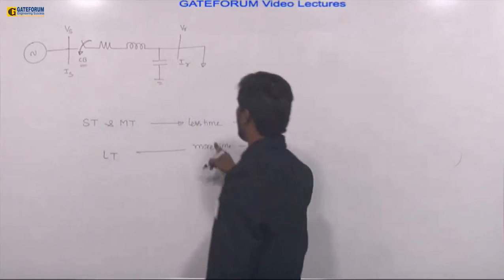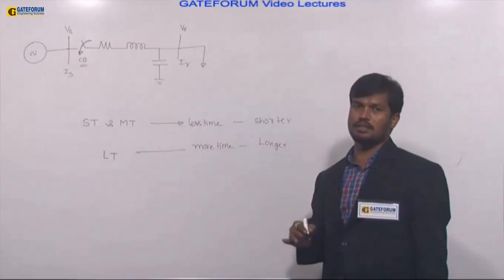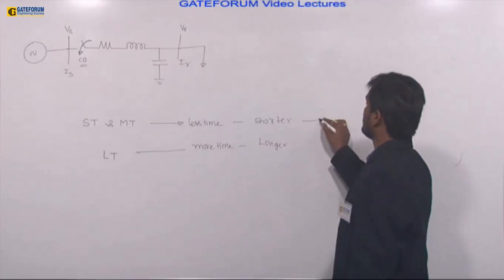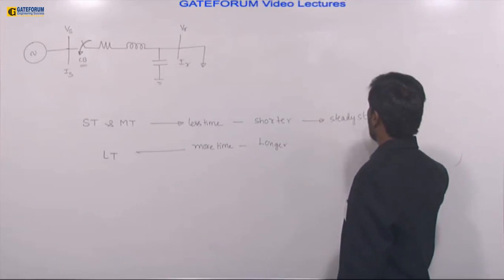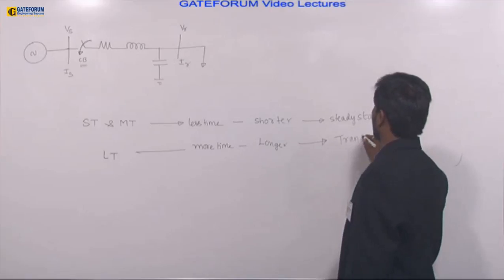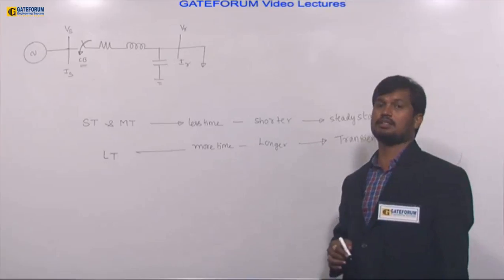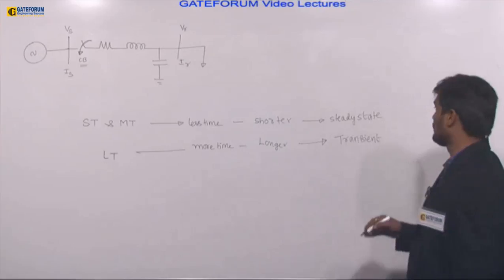Whenever it takes less time, that is represented by steady state behavior, whereas a longer time is represented by transient behavior. If you take more time to understand my concept, that is definitely transient behavior; if you understand very quickly, that is steady state behavior.